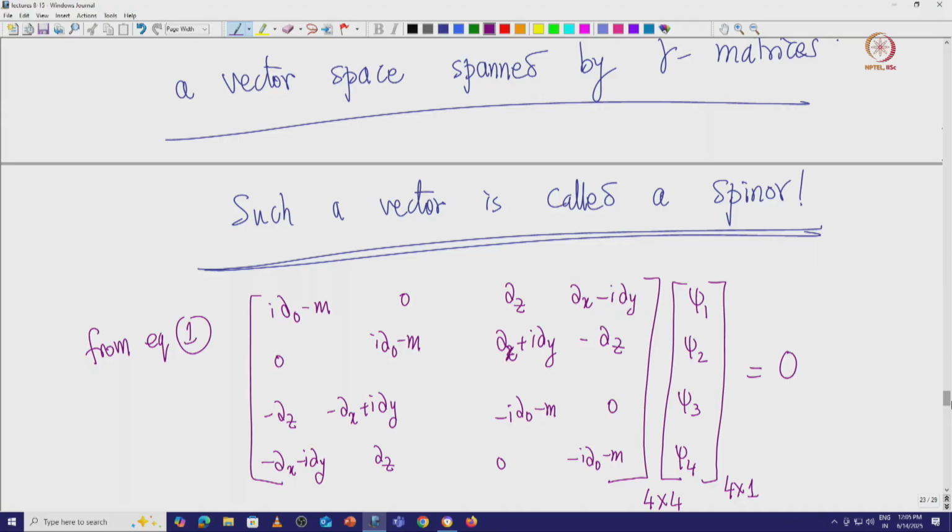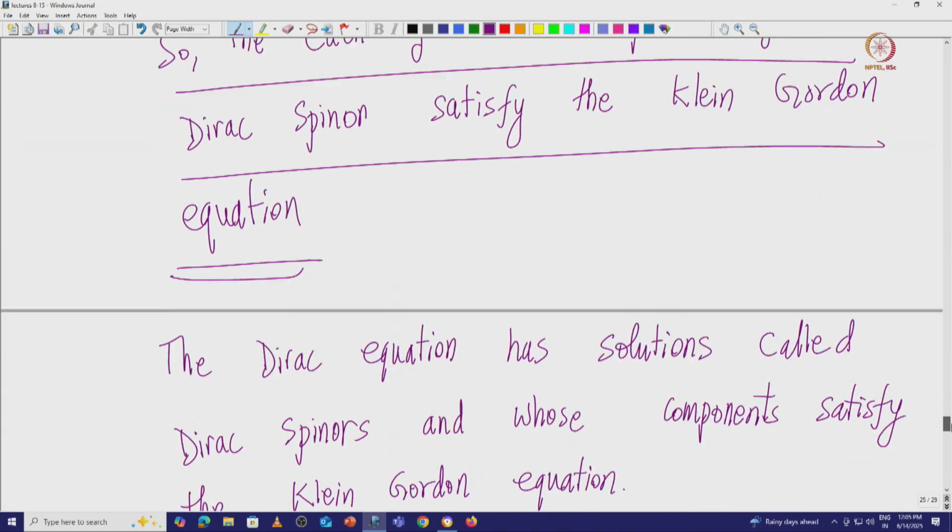From this particular thing we can always take the rest frame solutions in which p bar is equal to 0, or the derivatives with respect to x, y and z are set to 0, and you can easily solve this equation. As we see, this equation has solutions of this particular type, very easily.